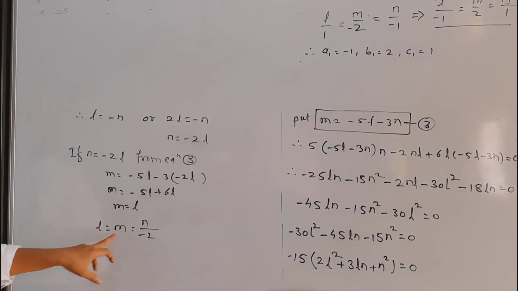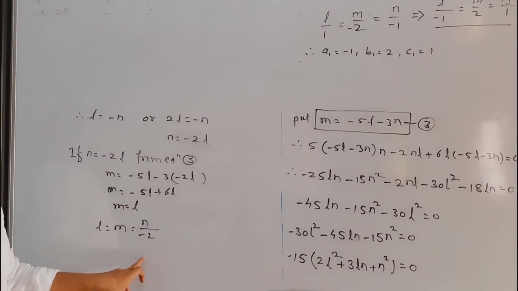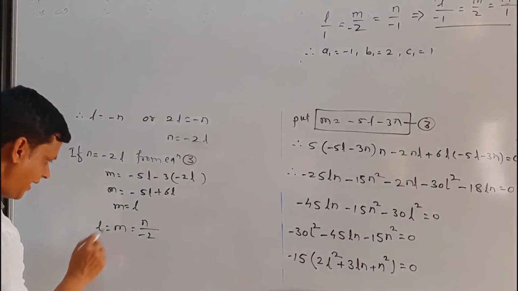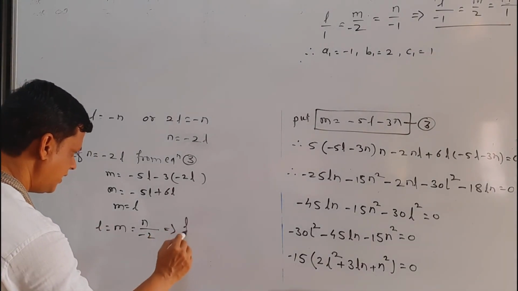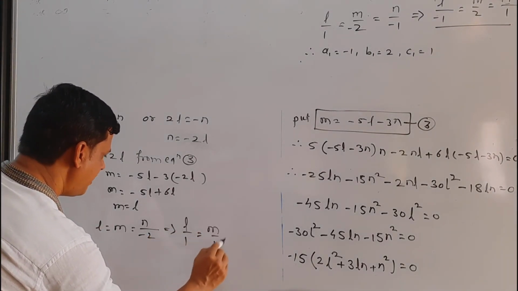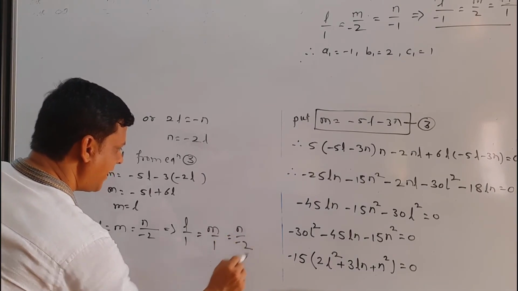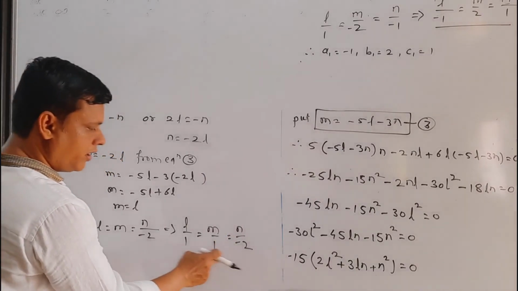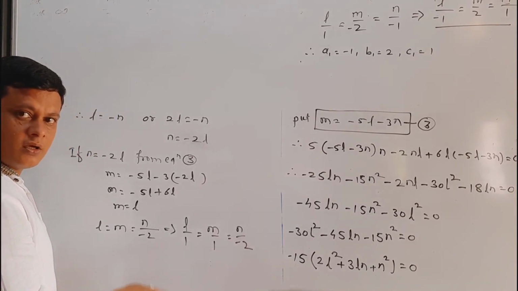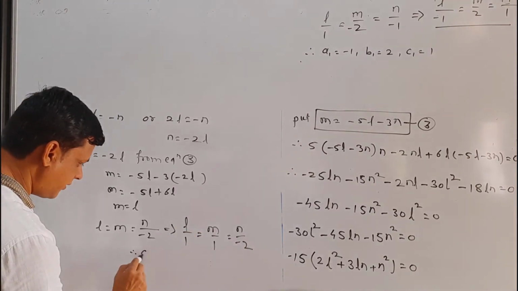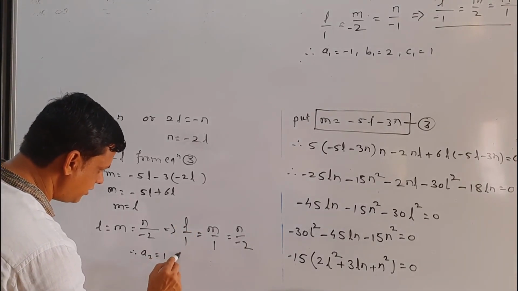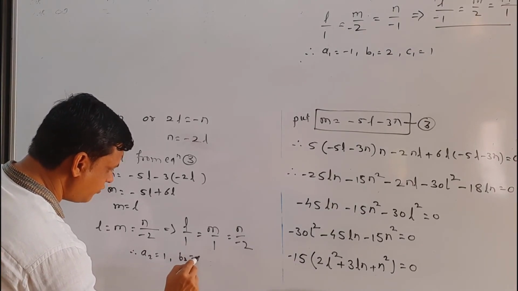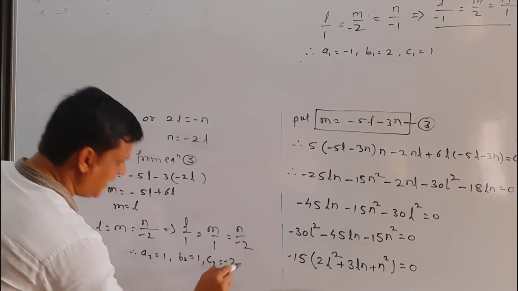So we write L equals M equals N upon minus 2. Now we write this again as L by 1 is equal to M by 1 is equal to N upon minus 2. That means 1, 1, minus 2 are the direction ratios of the second line. Therefore, A2 is equals to 1, B2 is equals to 1, C2 is equals to minus 2.